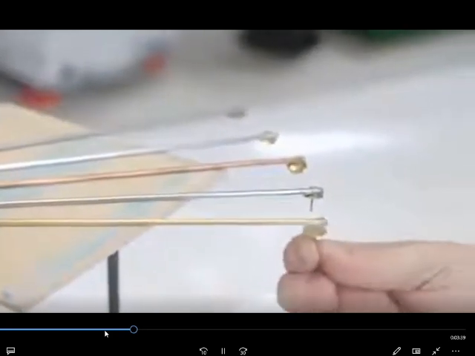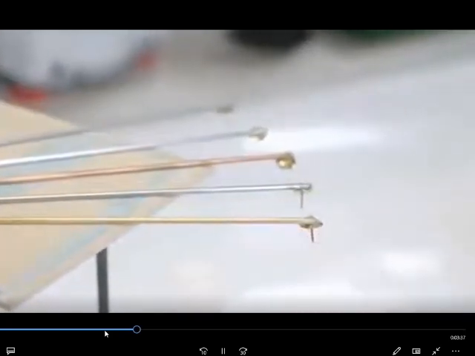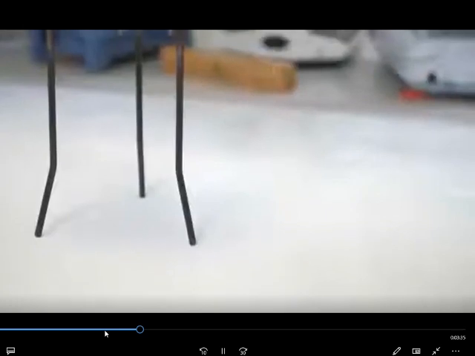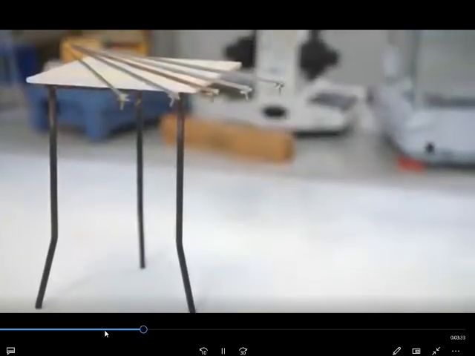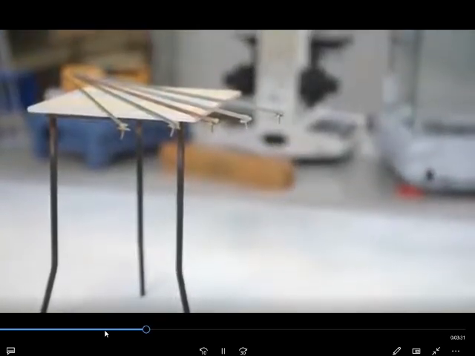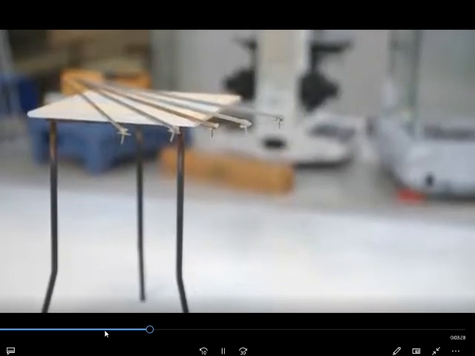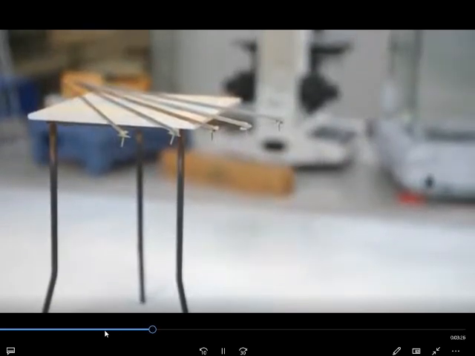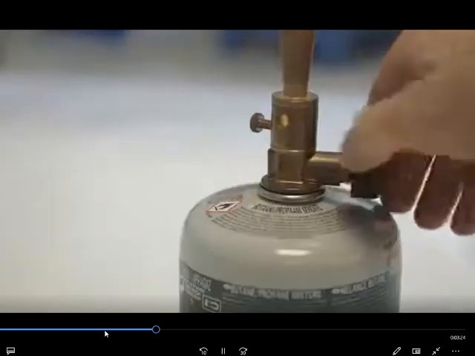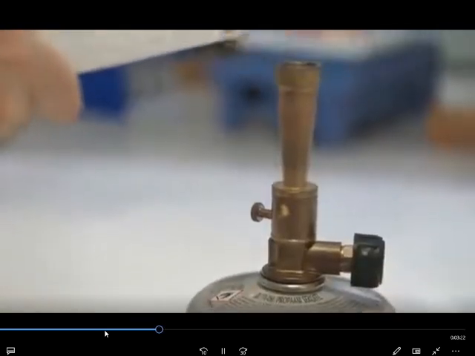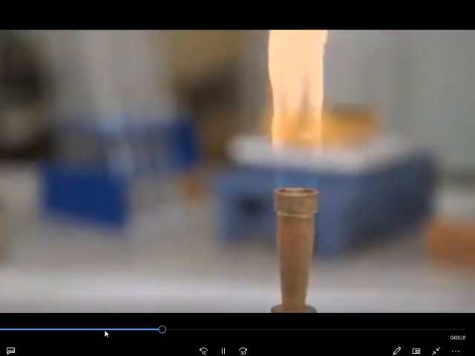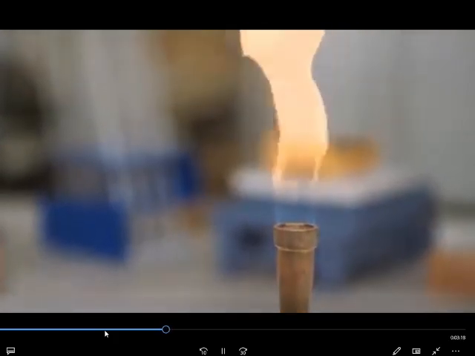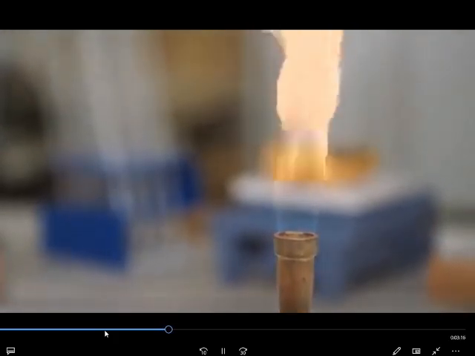After fixing our pins, we shall light our heat source. Then after lighting it, we apply it on the other side of the metal rod, the side which is not having the pins. So when you apply the heat on one side, the metal rods will be heated.